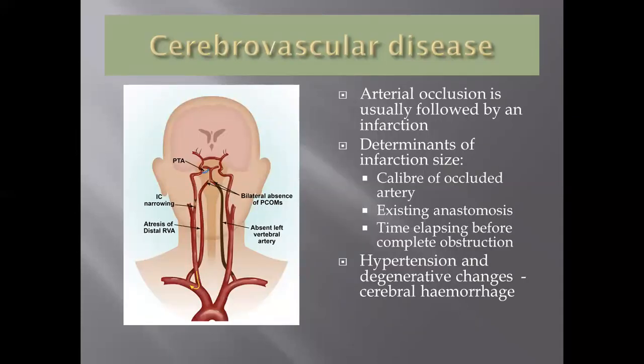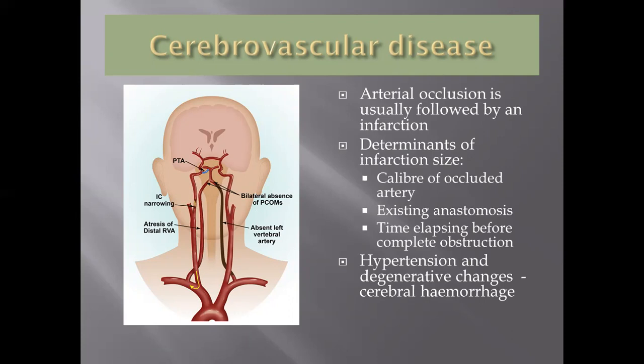So there's something known as cerebrovascular disease, which results from arterial occlusion, leading to the formation of an infarct, right? So determinants of infarct, like the size of the infarct, will include the caliber of the occluded artery, whether there is existing anastomosis, so that you may be able to have a collateral circulation, the time that has elapsed before you had complete obstruction, right?